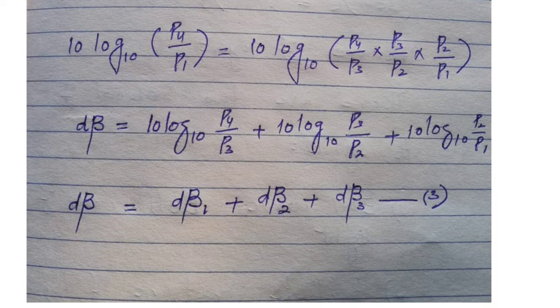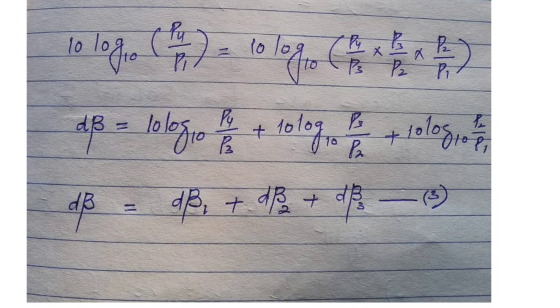So the dB value of the transmission efficiency of this cascaded system will be equal to the right hand side. And the right hand side can be written as 10 log of P4 by P3 plus 10 log of P3 by P2 plus 10 log of P2 by P1.